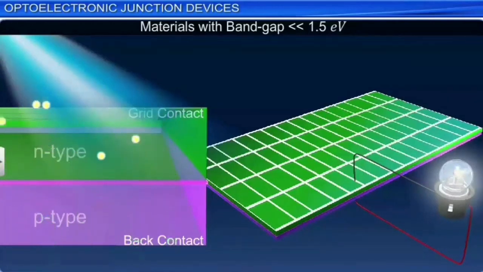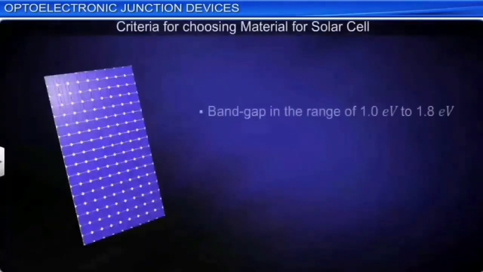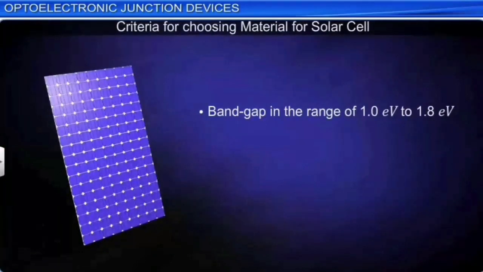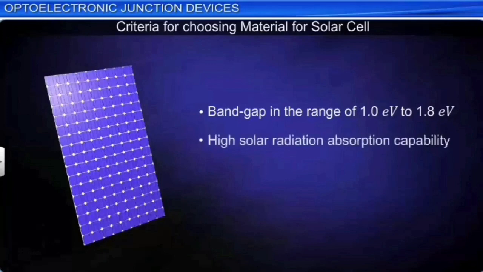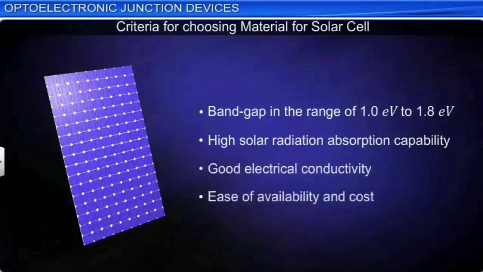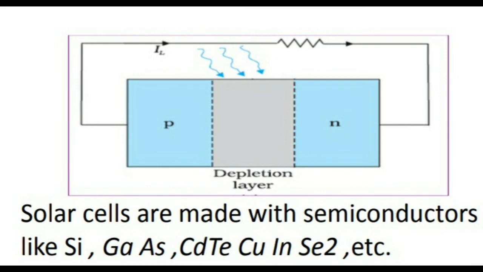So the criteria for choosing materials for making solar cells are: the band gap should lie in the range 1 electron volt to 1.8 electron volt, it should have high solar radiation absorption capacity, good electrical conductivity, and ease of availability and cost. Solar cells are made with semiconducting materials like silicon, gallium arsenide, cadmium telluride, etc.